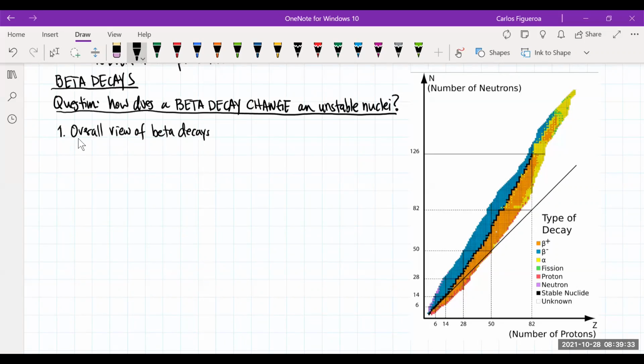So if I think about an overview of beta decays, they come in two forms. There's beta and there's inverse beta.